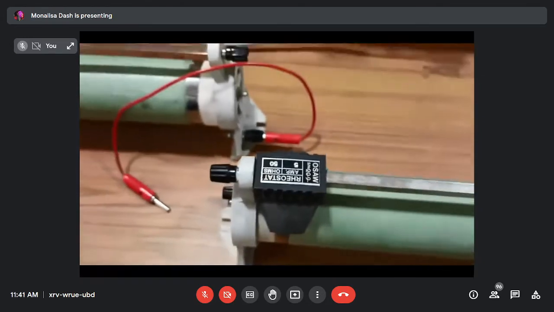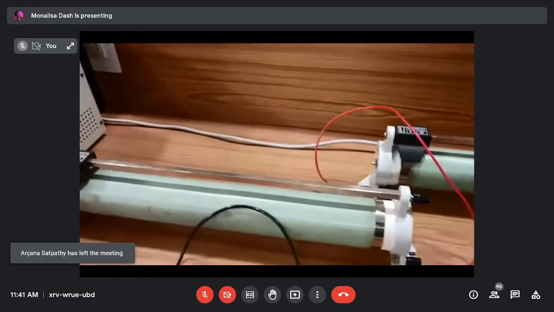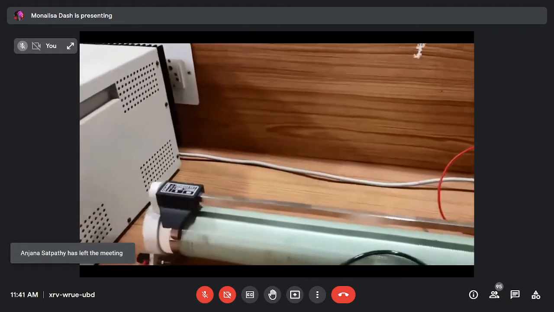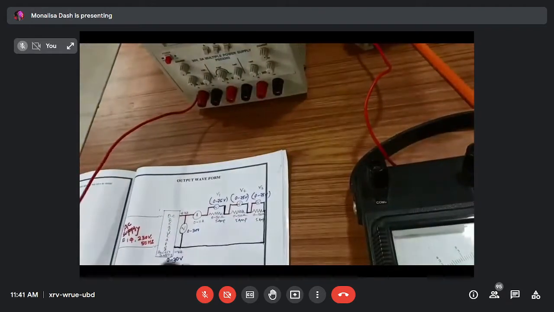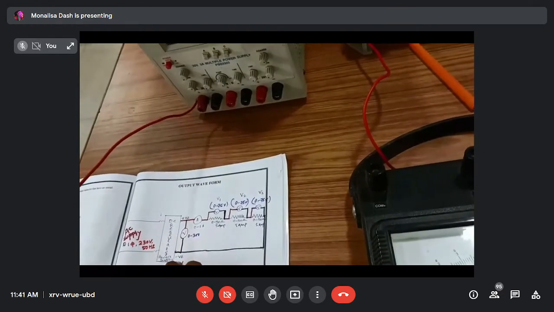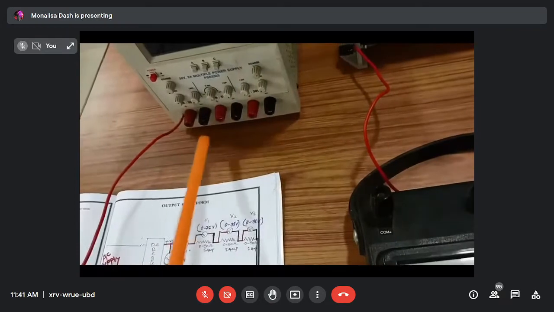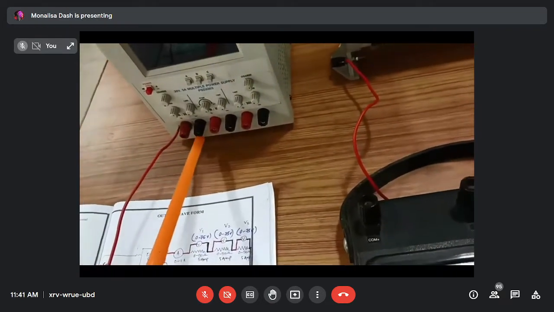Now we will go for connection. First, we will do the series connection. In the DC regulated power supply, this is positive and this is negative.